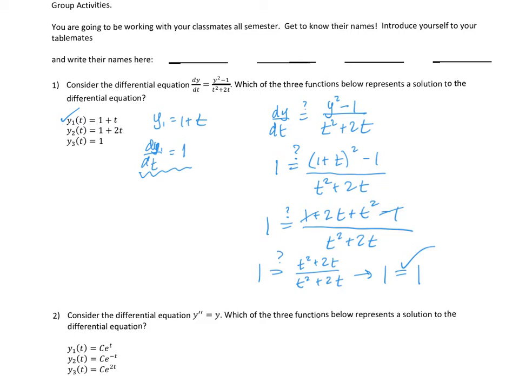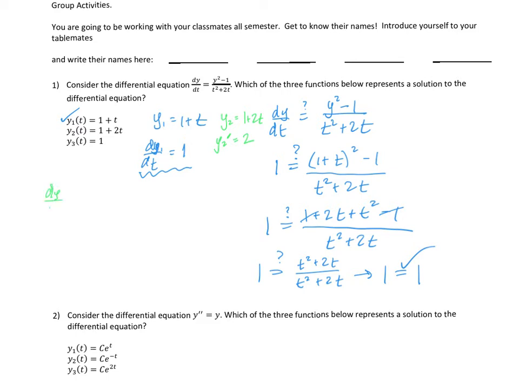Okay, let's look at y2. Do another color so we can keep track here. So y2 of t is 1 plus 2t, which means y2 prime, the derivative, would be 2. So then plug into the differential equation.